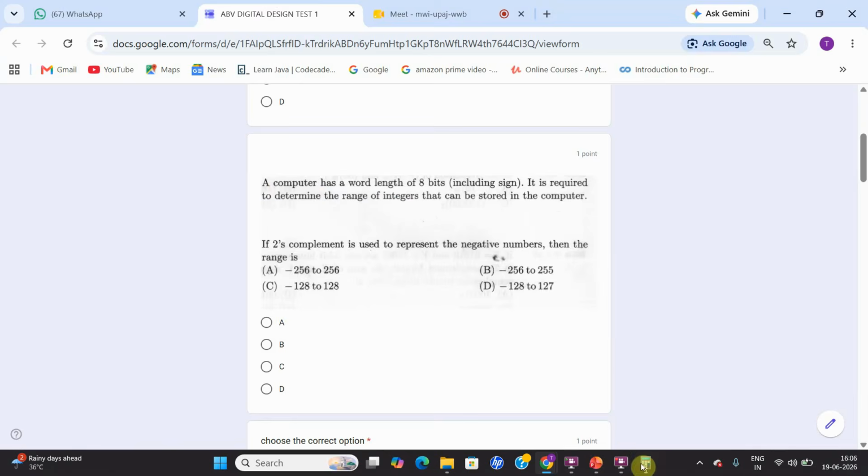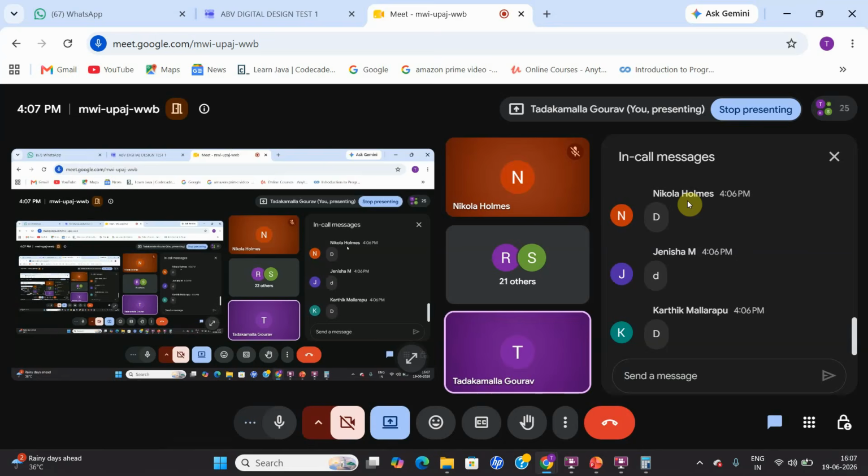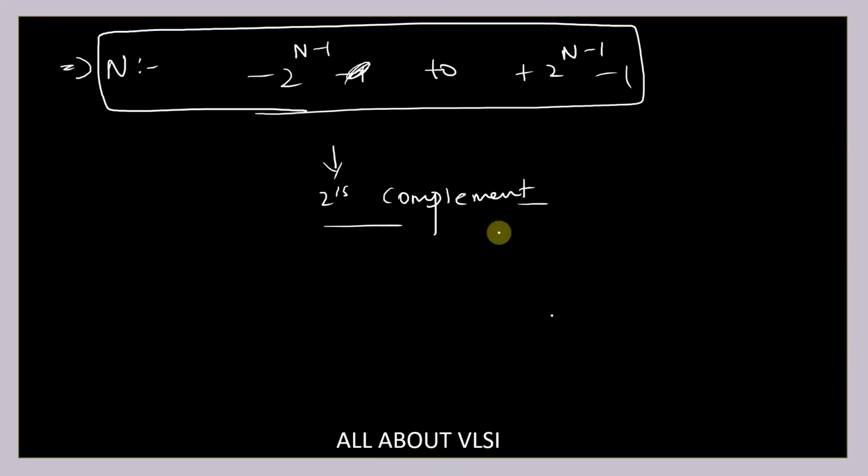Think about it and answer. Using a 2's complement format of representation, what is the range of values we can represent? In the previous session we discussed this, which is minus 2 power n minus 1 to plus 2 power n minus 1 minus 1.